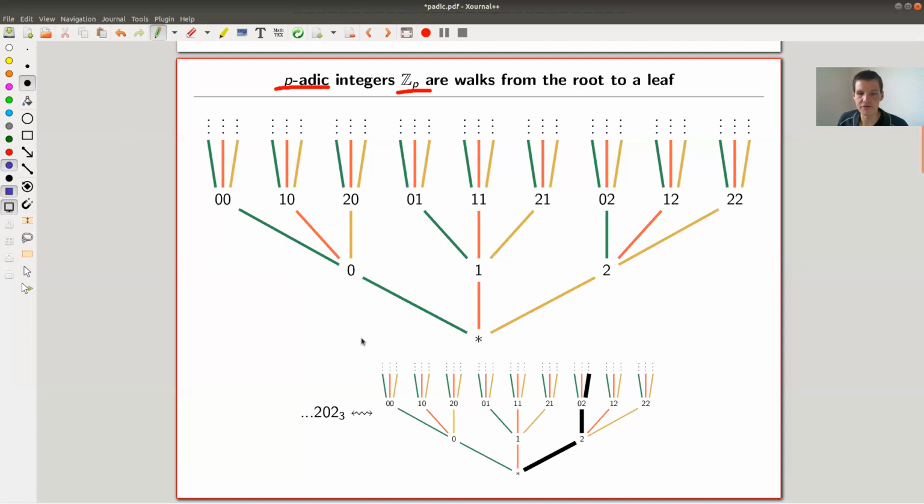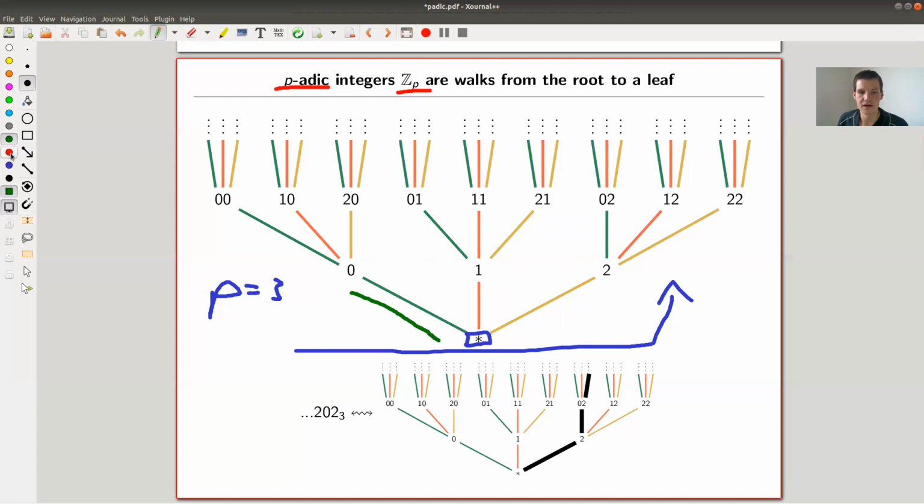The way I would like to do this is, as I said, I have this tree. This is the picture up here, and I start at a root somewhere. And depending on my prime, so p is 3 in this picture, I always have this number of branching points. I have a green branching, I have a red branching, and I have this orange type of branching, corresponding to the remainders on division mod 3 in this case: 0, 1, 2.